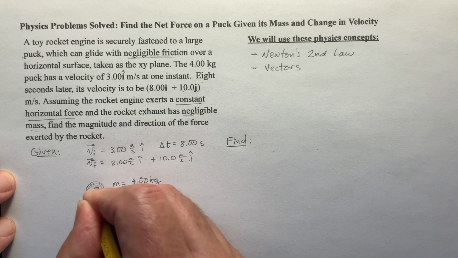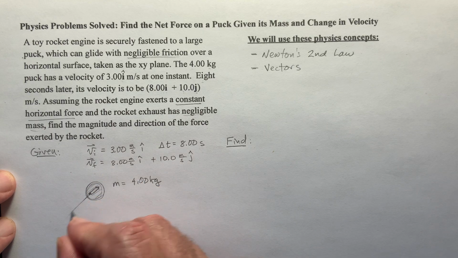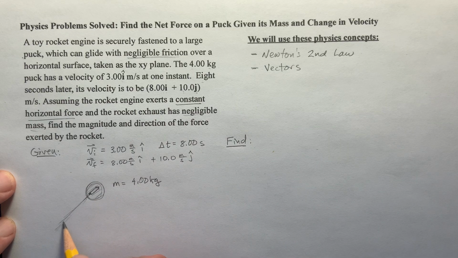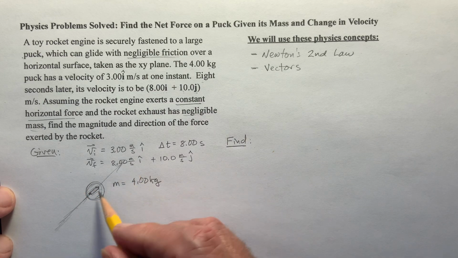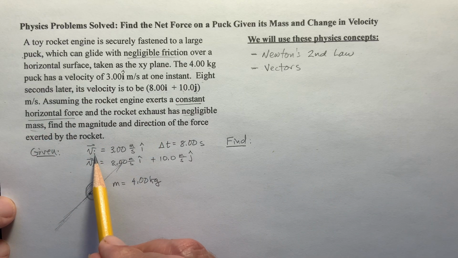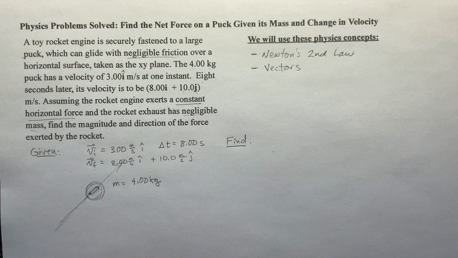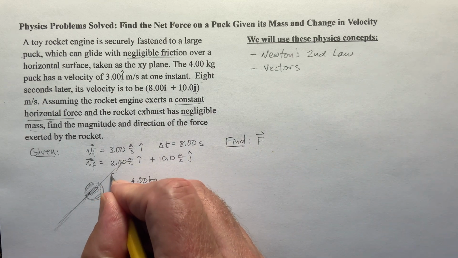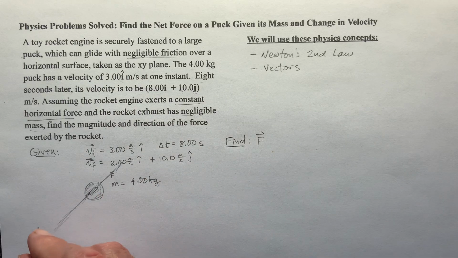Here's a little nozzle, and it's going to fire with constant force. And we consider the mass of the exhaust to be negligible. There's no friction, so we've got a force that's going to push it and change its speed from this velocity to this velocity. And we want to know, what is that force? Right there. All right. Now let's solve it.